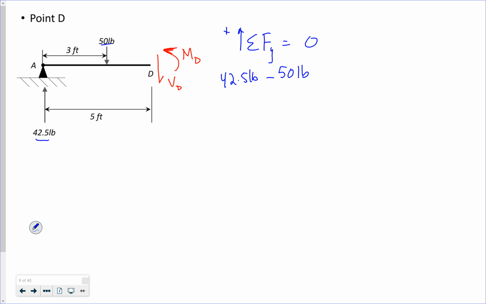Also acting down, we have our shear at D. So if I solve for that, I get 42.5 pounds minus 50 pounds, or negative 7.5 pounds. The negative just means I actually have shear acting in the upward direction at this point. It's just in the opposite direction of positive, positive meaning downward.